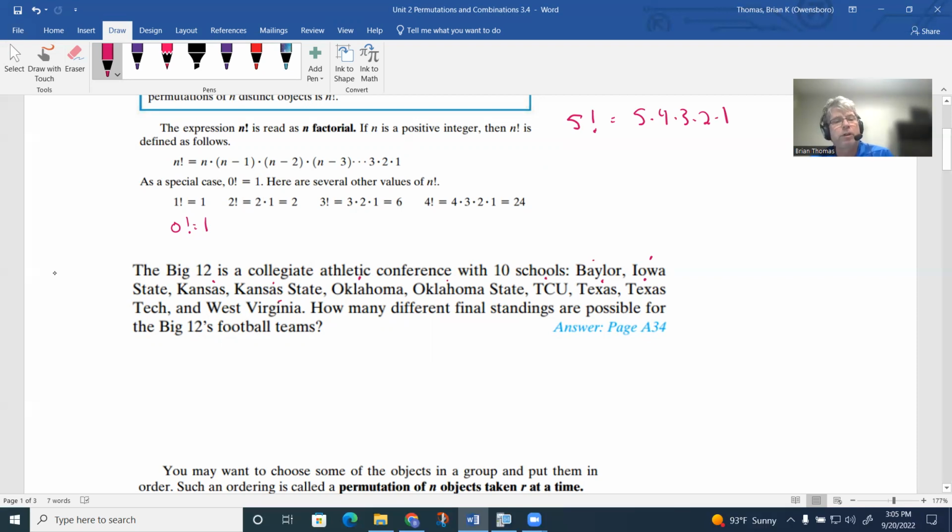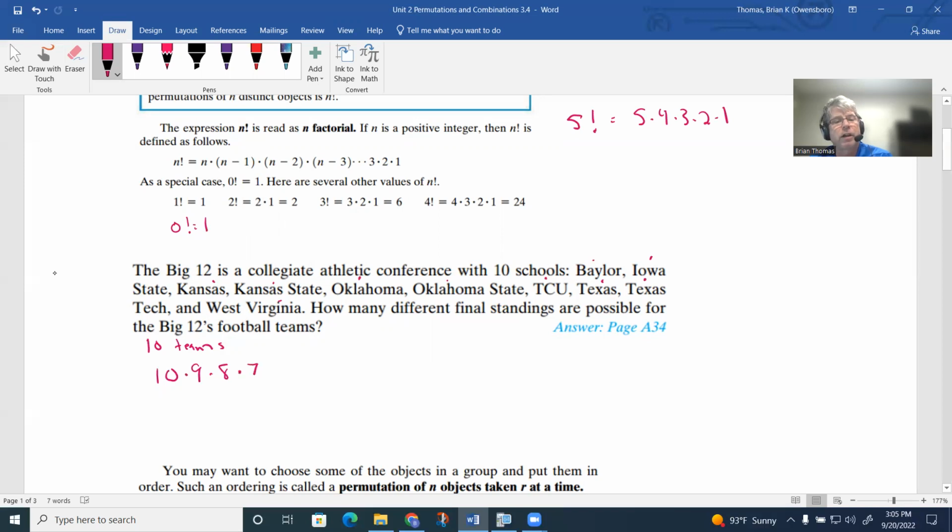So as far as placement goes, order does matter. Since there's 10 teams, there's 10 choices for who would be in first place. So I have 10 for that. After I choose one of those teams, notice that 9 are left for second place. And then after I choose that, we're down to 8 teams for third place.